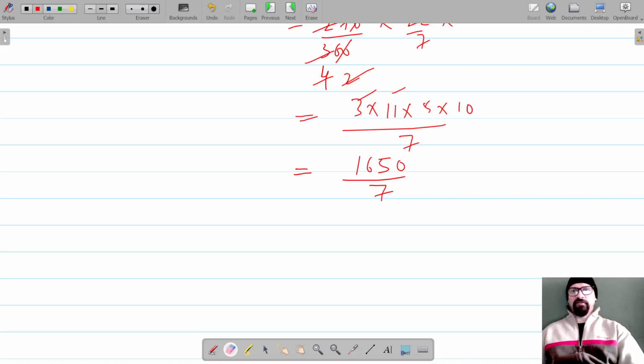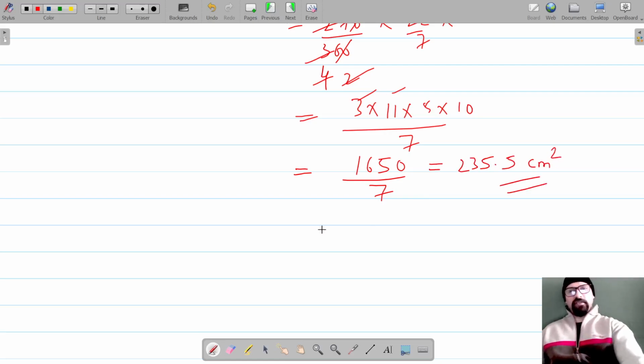So this is 1650 divided by 7, which is equal to 235.5. So I can write it as 235.5 centimeters square is the area of the sector.